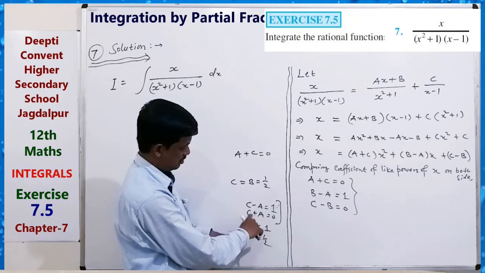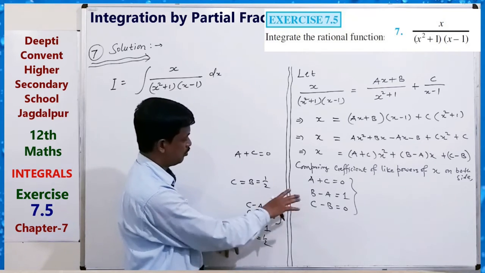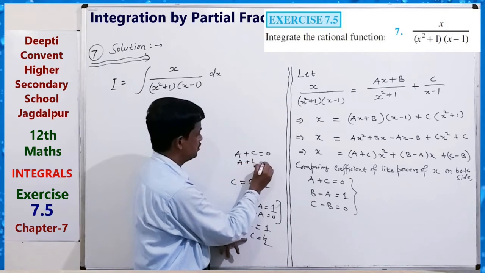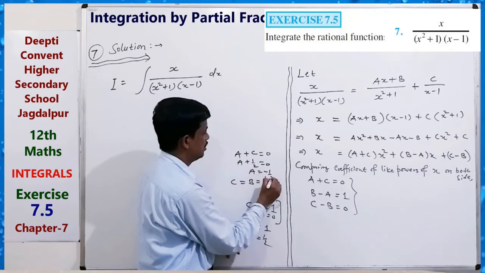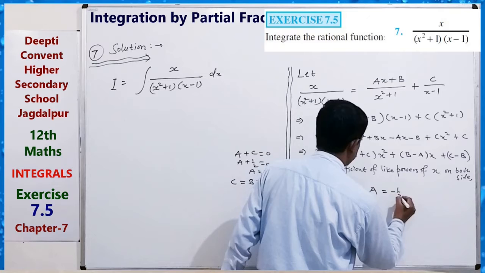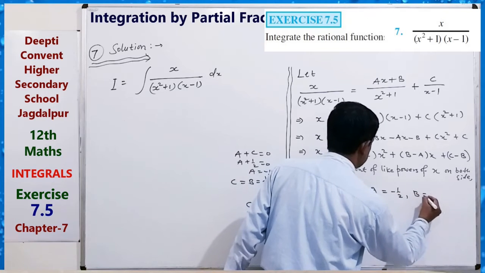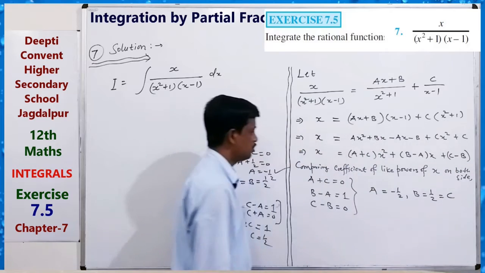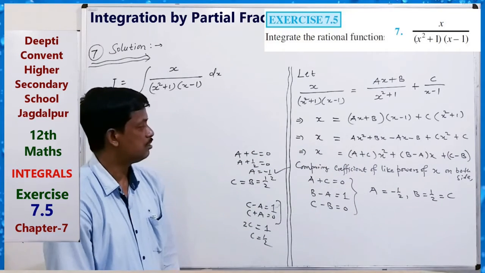Here a plus half equals 0, that is a equals minus half. So a equals minus half, b equals half, and also c. So these are the values of a, b, c.